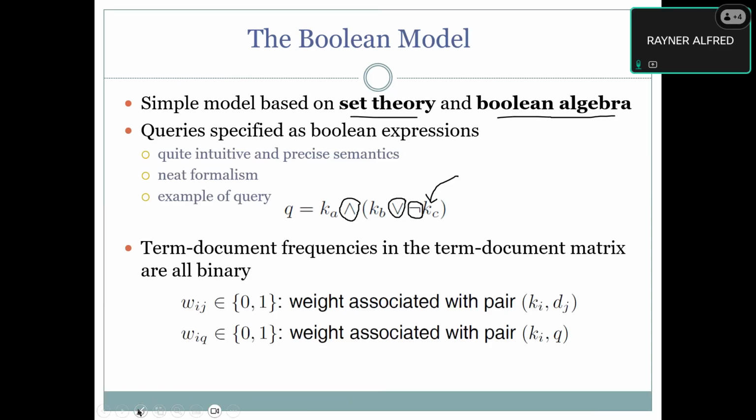So when we look at this expression, the query here, I'm looking at documents that consist of keyword A and keyword B, or not keyword C. So for this expression to become true, because this is AND, this one must always be 1, and this is OR, and this is the negation of this, so we could use 1, 0, or 1, 1 or 0, 1.